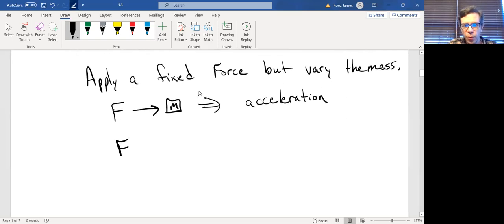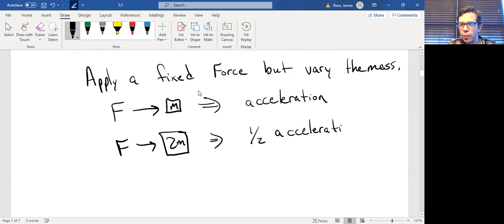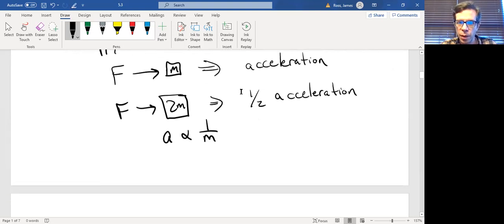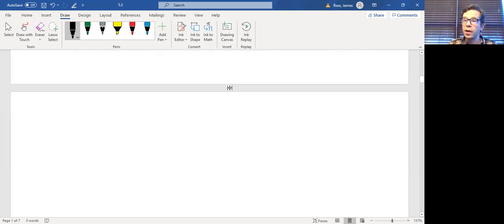So we apply the same force F to a mass of 2m, and we observe 1/2 of the acceleration we observed before, etc. And we observe that acceleration is proportional to 1 over the mass. And we can combine those and say that acceleration is proportional to the force and inversely proportional to the mass.